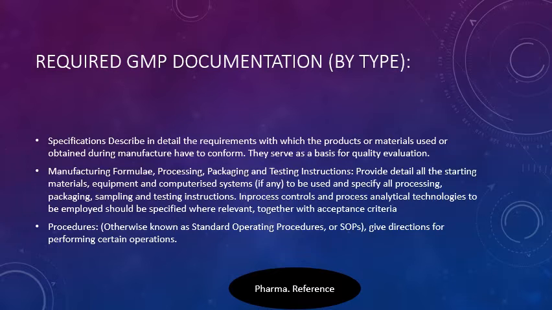Manufacturing formula, processing, packaging, and testing instructions provide detail on the starting materials, equipment, and computerized systems, if any, to be used and specify all processing, packaging, sampling, and testing instructions. In-process controls and process analytical technologies to be employed should be specified where relevant, together with acceptance criteria.